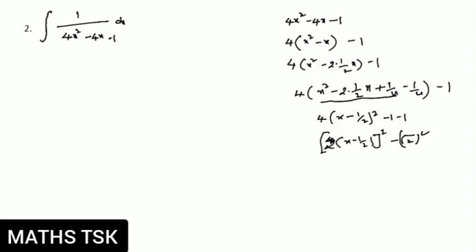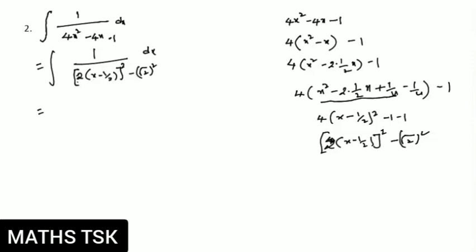Now I go for the integration. This integration can be written as integration of 1 by 2 into x minus 1 by 2 whole square minus root 2 whole square into dx. So this is nothing but integration of x square minus a square.